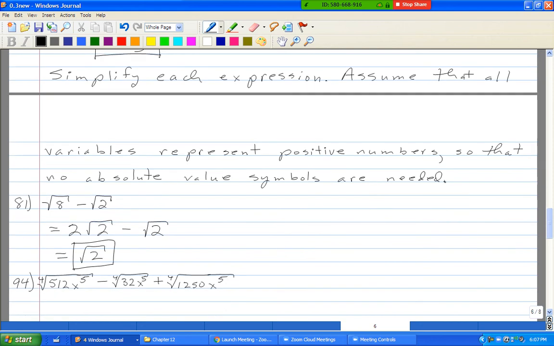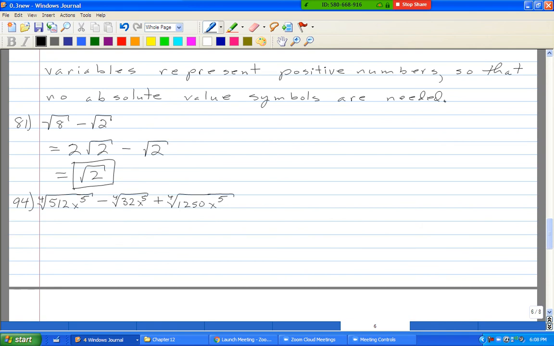Let me do problem 94. The radical of 512 x to the 5th minus the radical of 32 x to the 5th plus the radical of 1250 x to the 5th. Well, let me write 512 as 256 x to the 4th times 2x.